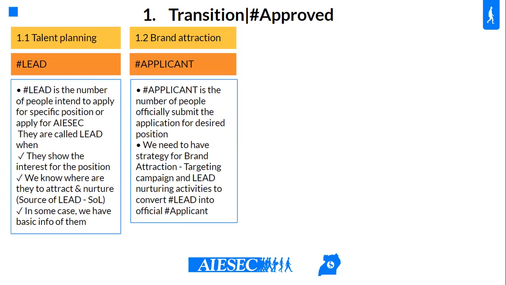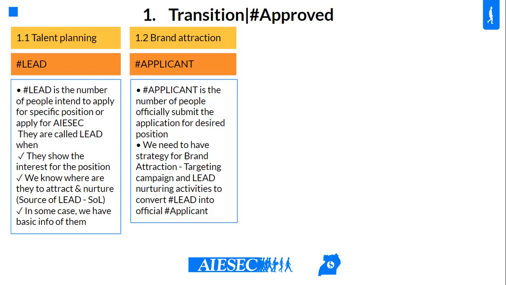An applicant is a number of people who officially submit the application for a desired position. For example, friend X may have had so much interest in joining ISEC, but they have so many co-curricular activities that they can't actually apply. So they don't move from a lead to an applicant. They are not really converted. For this point, we need a strategy for brand attraction, right?